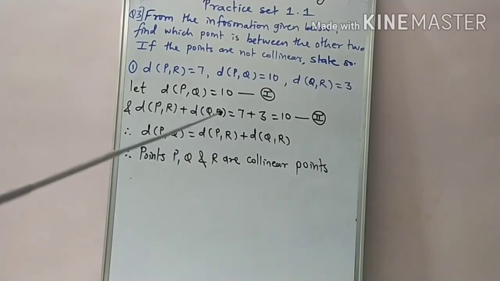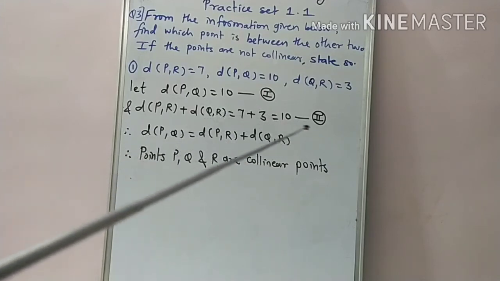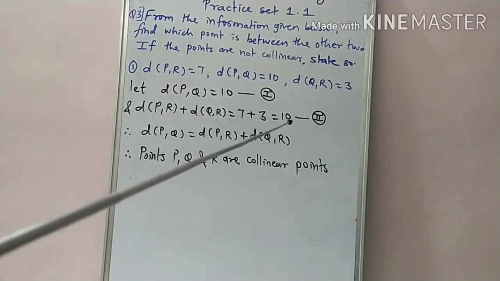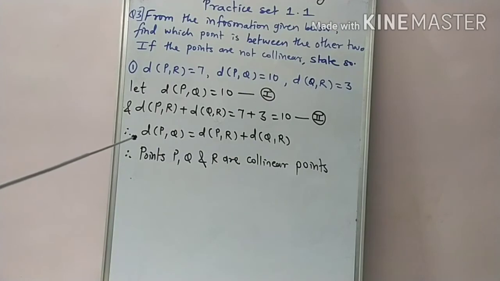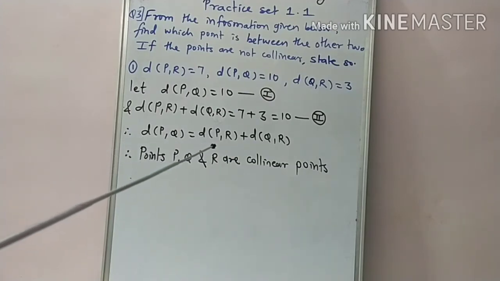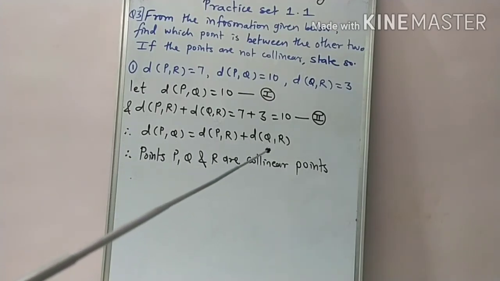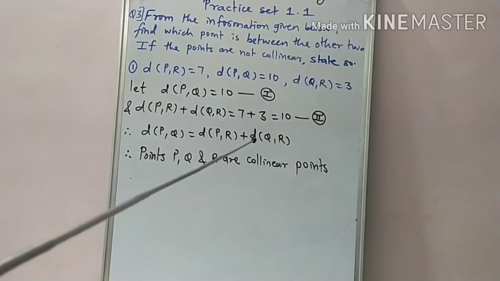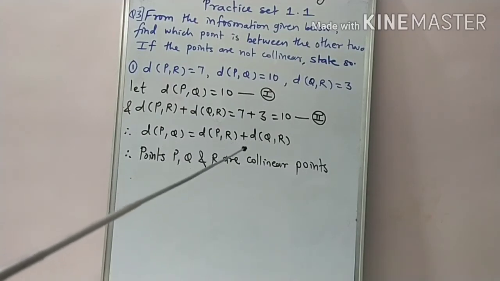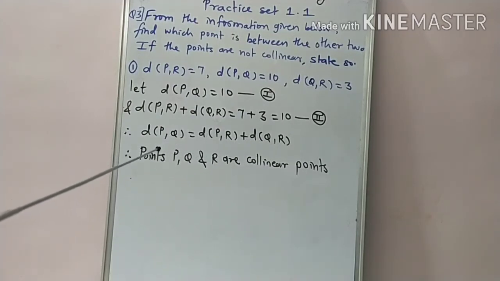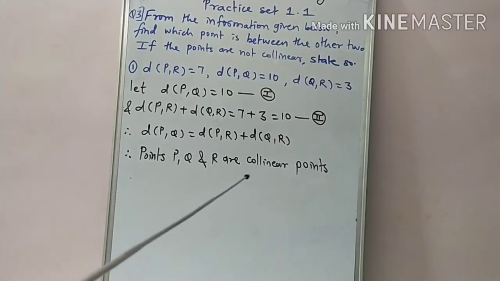Comparing 1 and 2, the right hand side is the same, meaning distance PQ equals distance PR plus distance QR. If the addition of the smaller ones equals the greatest distance, we can say the given 3 points are collinear points.